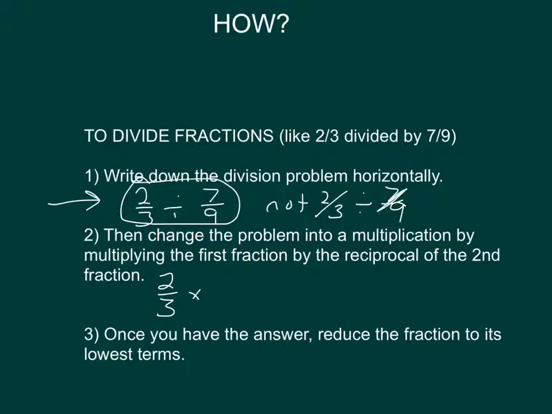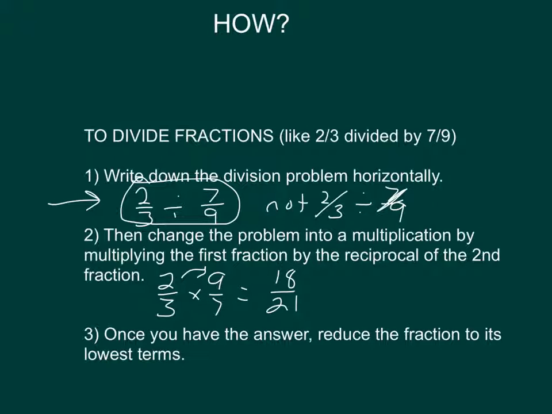The reciprocal of 7/9 is 9/7. Okay, so here, if you remember how to multiply fractions, you can multiply 2 times 9 and get 18, 3 times 7 and get 21. All right?